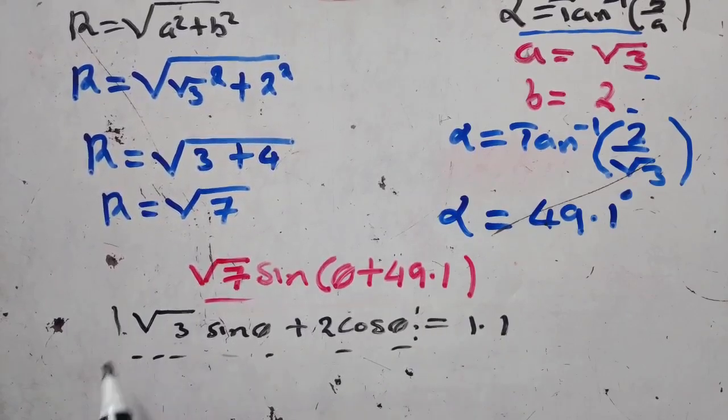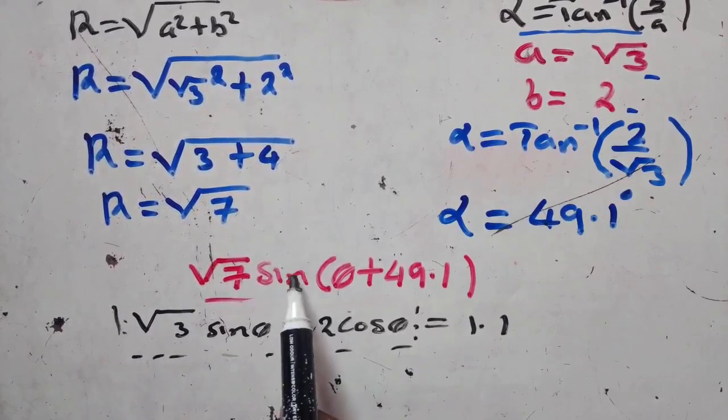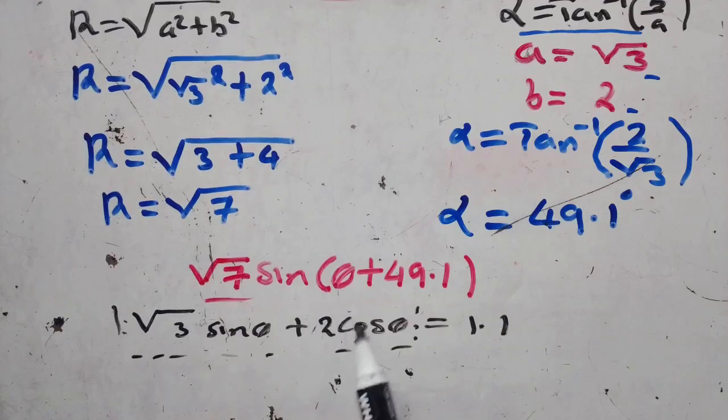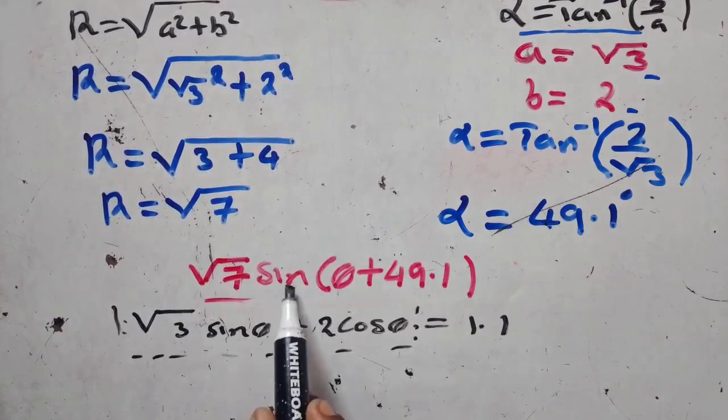We were taught to express this in this form, and we expressed it. So this and this are one and the same. They are not different, there is no difference. So where there is this, you know that this is equal to this, so you can just replace this.